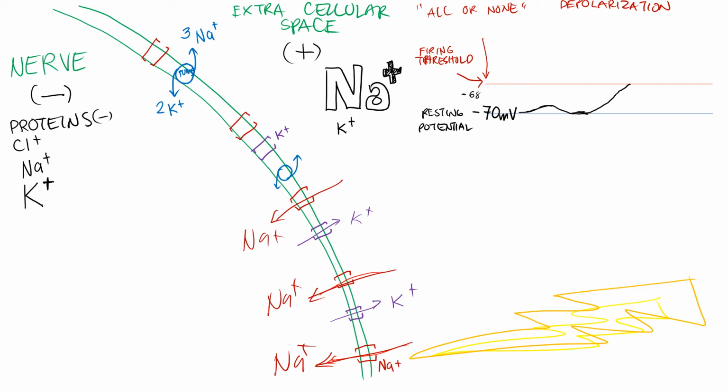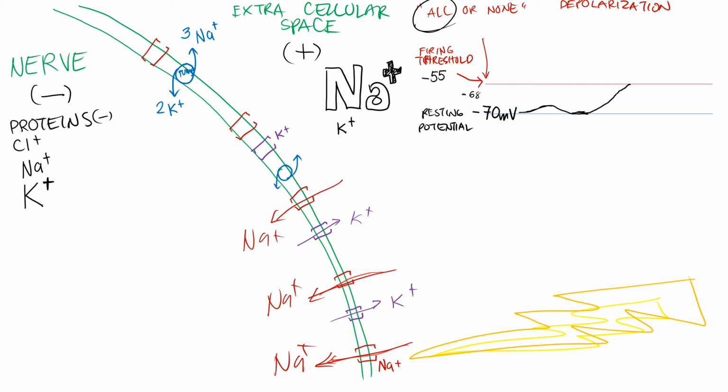What happens next? Your firing level is around negative 55 or negative 50 millivolts. Once it reaches that, it's all or none. It reached the firing threshold now.